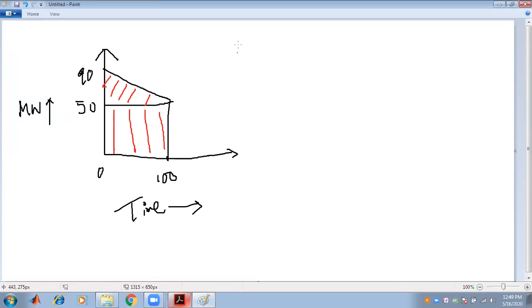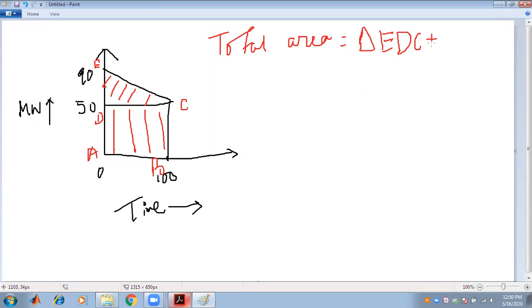If we label the points A, B, C, D and E, the total area under the graph is the sum of the area of the triangle EDC plus the area of the rectangle ABCD.